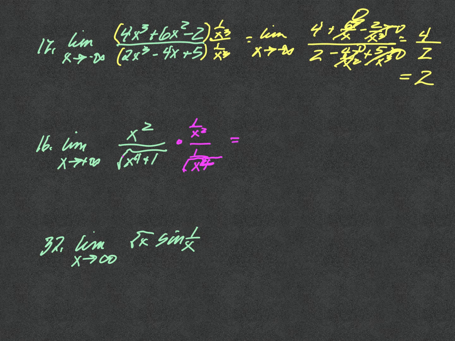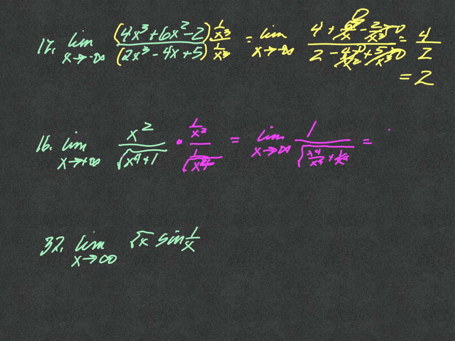So therefore, the numerator, when I multiply it out, I get the limit as x approaches infinity of 1 over, and the denominator, because they're both square roots, I can combine them underneath the square root. And so I'll write that one in. So I'll have x to the fourth over x to the fourth plus 1 over x to the fourth.